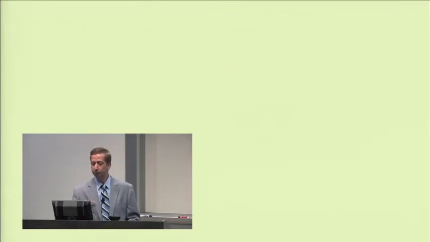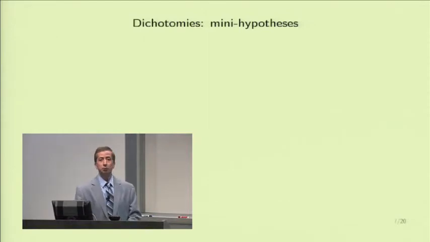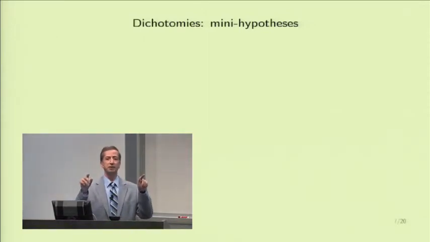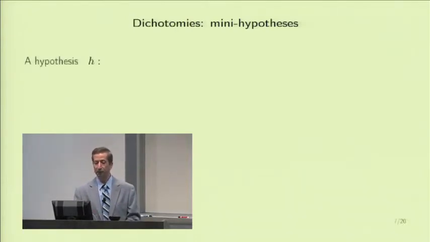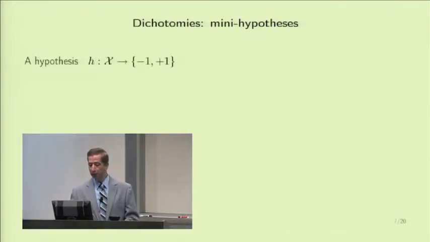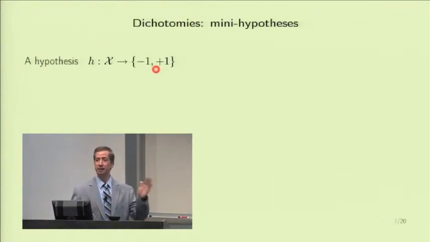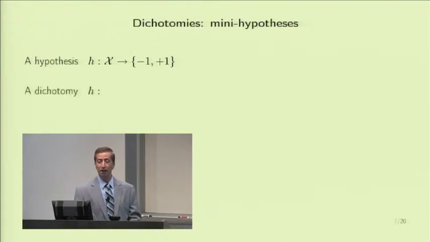Let's put in mathematical terms the dichotomies, which are the mini hypotheses, the hypotheses restricted to the data points. A hypothesis formally is a function, and the function takes the full input space, x, and produces -1 or +1. That's the blue and red region that we saw. A dichotomy, on the other hand, is also a hypothesis.